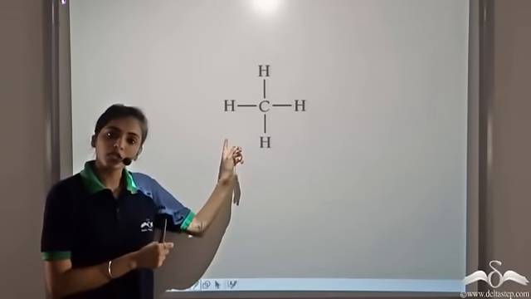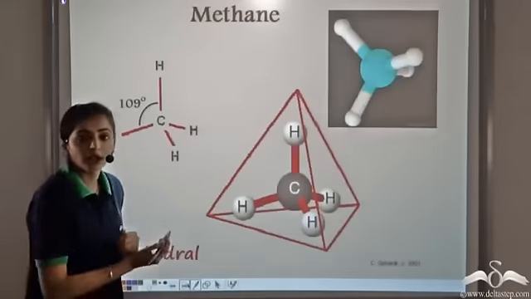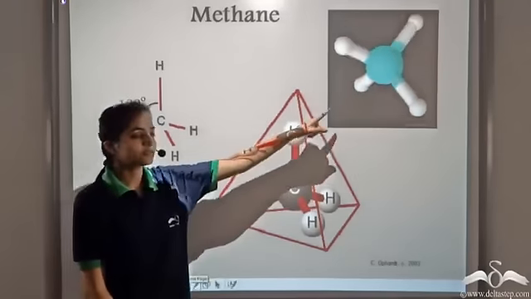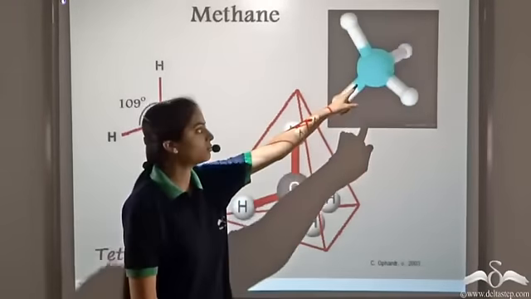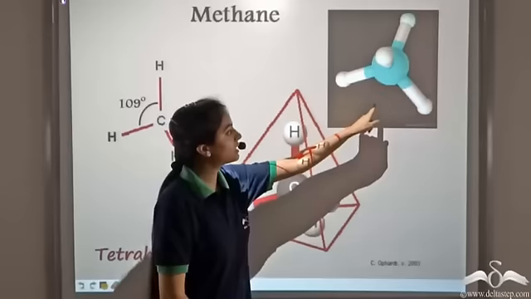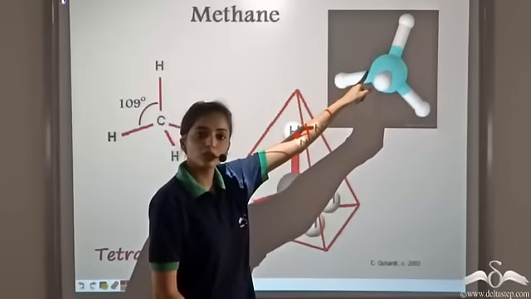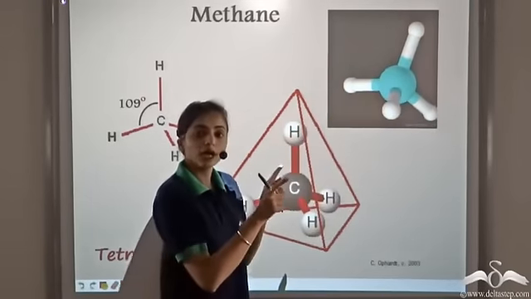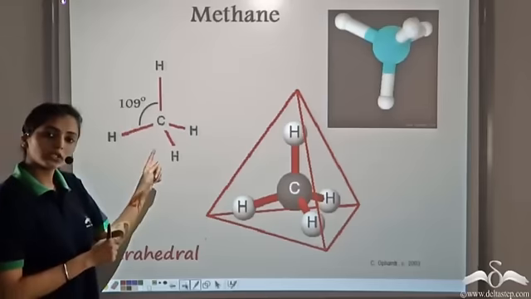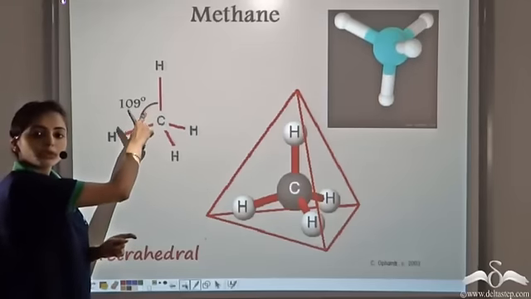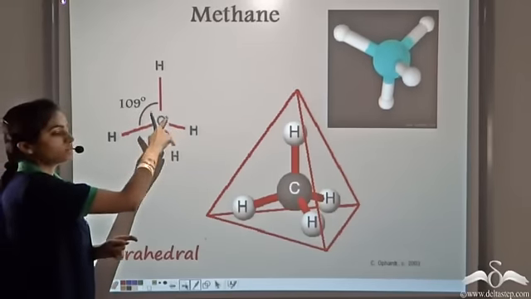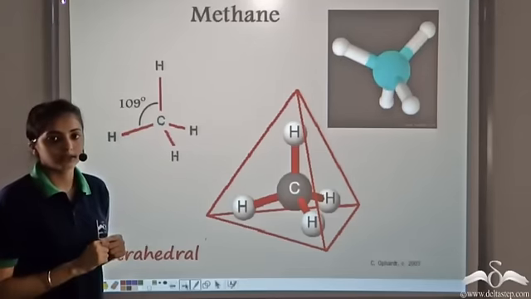So the actual structure of methane is a three-dimensional structure. As we see here, the carbon is in the center, and these are the four hydrogen atoms. The four hydrogen atoms are arranged such that the angle between any two hydrogen atoms is 109 degrees.